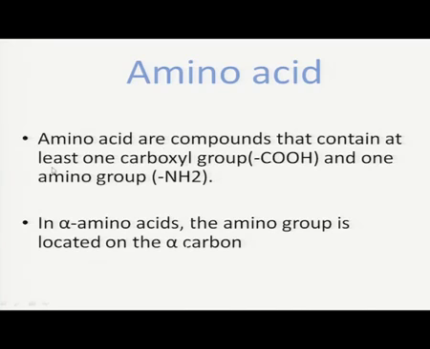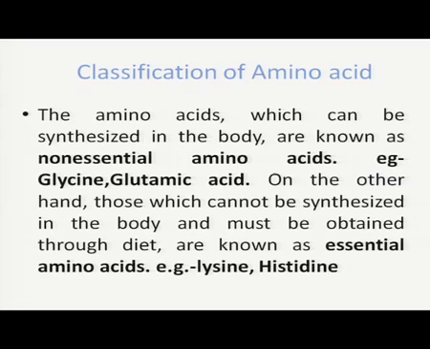Amino acid, as we have already discussed, in alpha amino acid the amino group is located on the alpha carbon. Now, the classification of amino acids, I have already discussed. The amino acids which can be synthesized in our body are known as non-essential amino acids. Examples are glycine and glutamic acid.